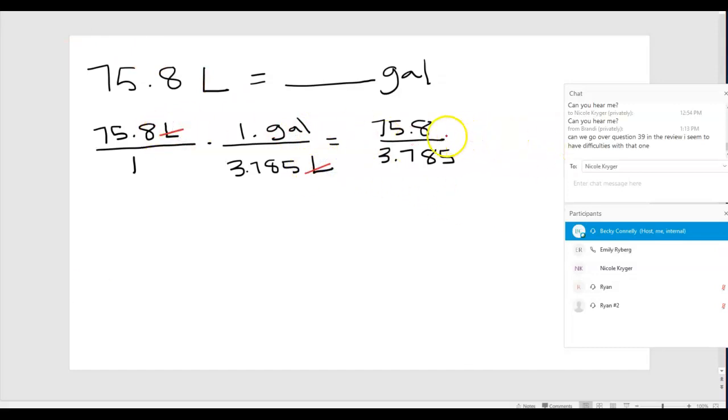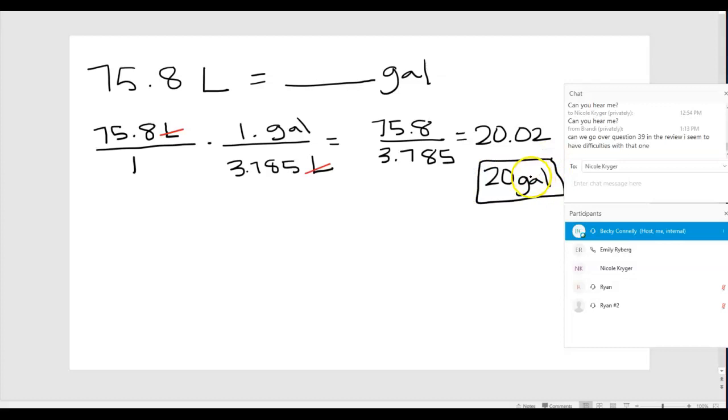What did you get on the 20 point? Yeah, you're right. So just 20. Or you can put it as 20.0, but usually just saying 20 gallons would be great.